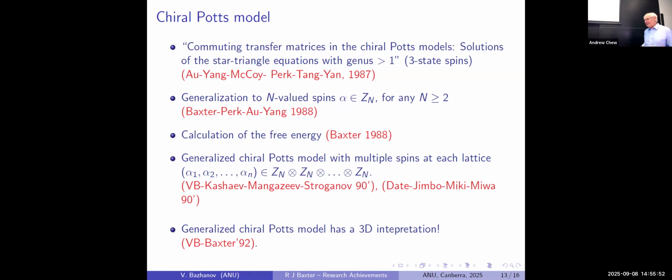Once Rodney gave me at least two pages handwritten and said, I want to solve 3 layers of the Zamolodchikov model, and wrote down a few equations and gave it to me. I had a look, and I saw that one equation completely coincided with the equation we have here.